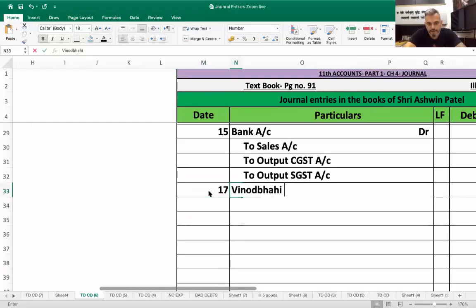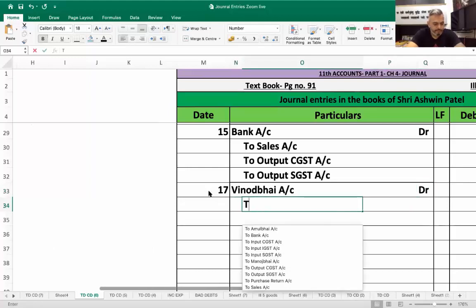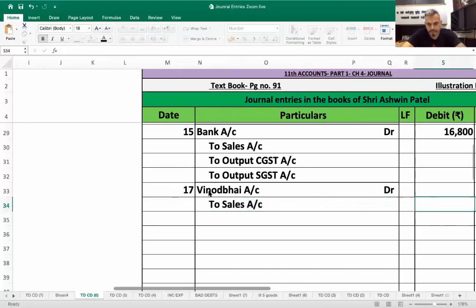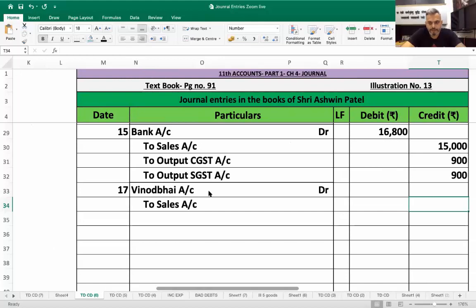विनोद भाई अकाउंट डेबिट, बाद में लिखेंगे, टू सेल्स अकाउंट, सेल्स अकाउंट is 20,000.